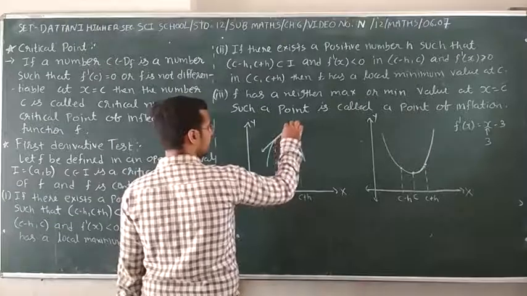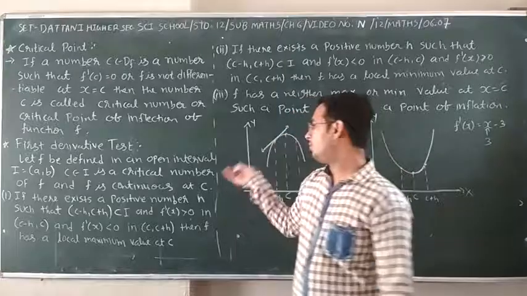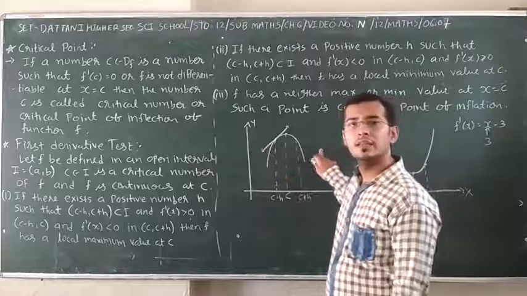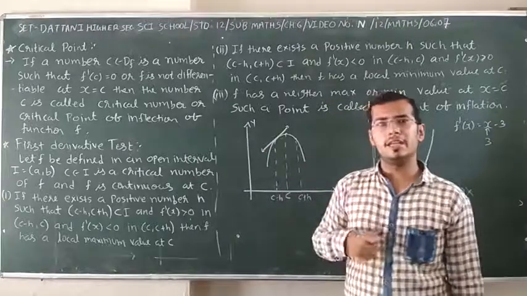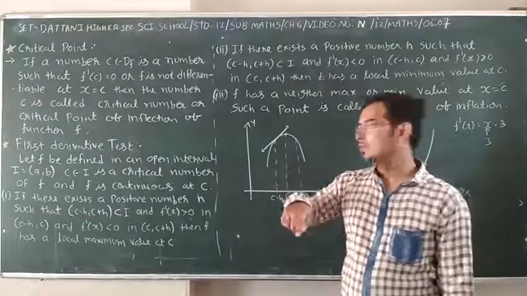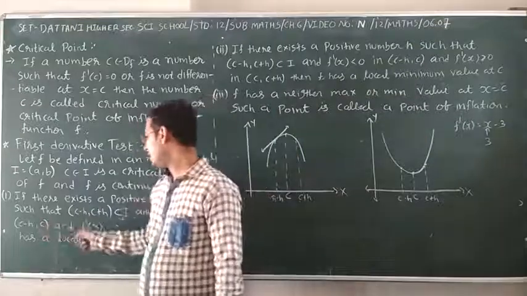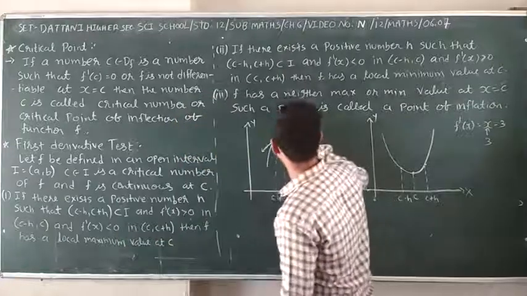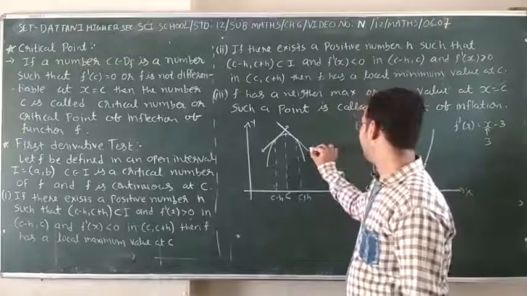That is our tangent, and we find the slope f dash x. It makes an acute angle, less than 90. We know that for an acute angle 0 to 90, tan theta is positive in the first quadrant. So we get f dash x greater than 0 in this interval, and f dash x less than 0 in (c, c plus h), where it may make an angle greater than 90, an obtuse angle, if you draw it like this.